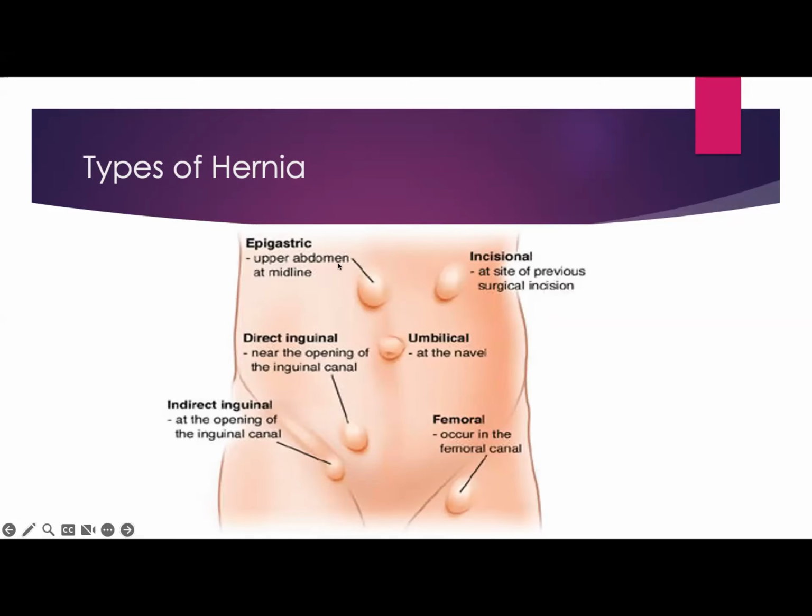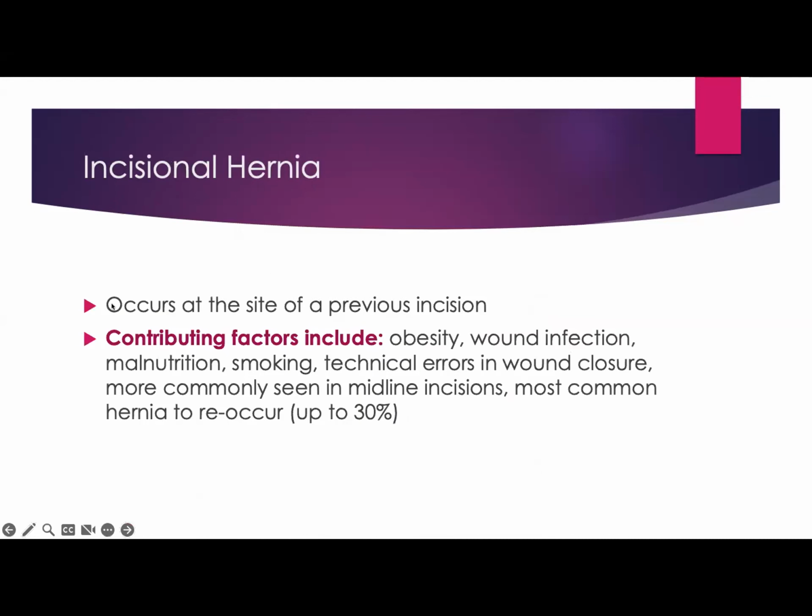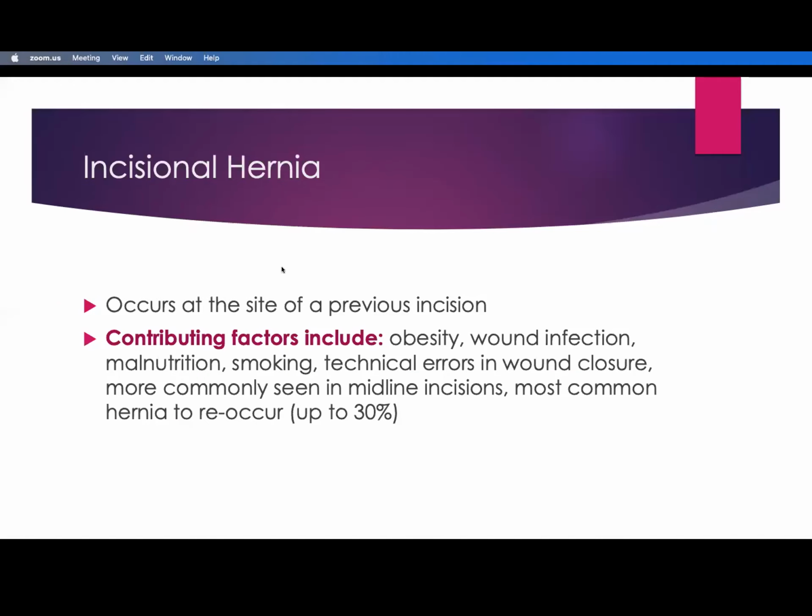So we're now talking about the incisional hernia, which is a hernia which occurs on top of the previous surgical scar. Okay. The contributing factors would be anything that would cause weakness to that area. So obesity, as it will put a lot of pressure on the abdominal wall.